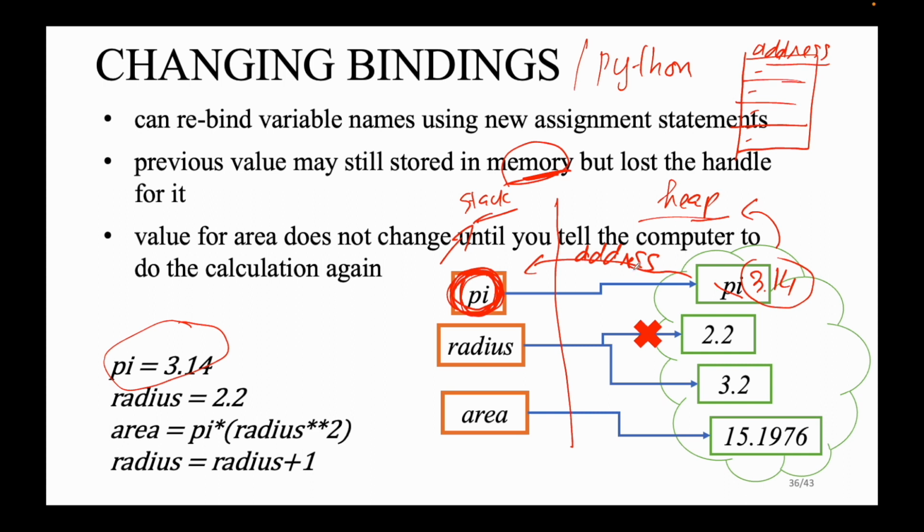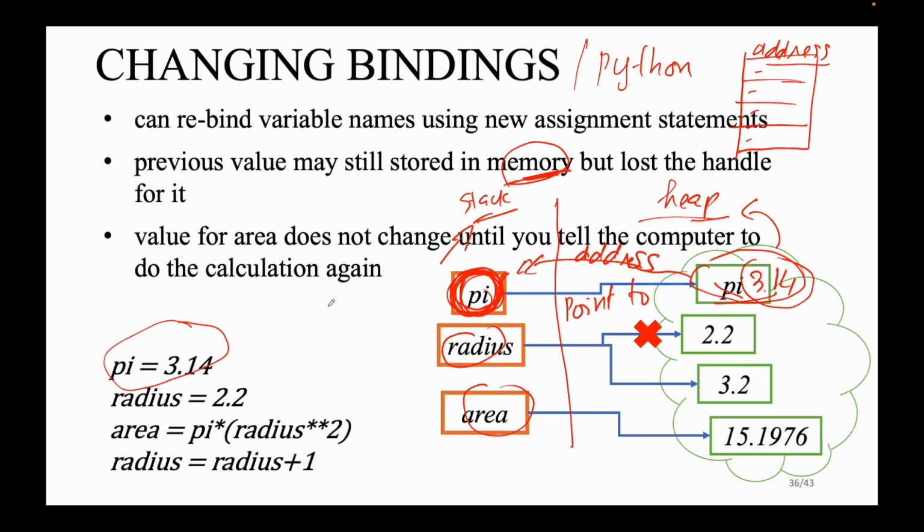Then we give the address of this location to this pi location. Now we say pi points to this location, so this location is managed by pi. It's similar for radius and area.